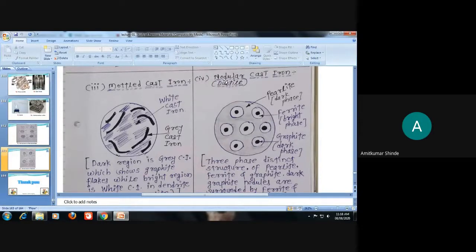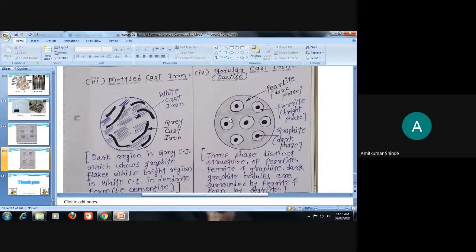Then the last microstructure is nodular cast iron, or ductile cast iron. Here the graphite is present in the form of spherical nodules. The dark round center is the graphite. Carbon is present in the form of graphite in a nodular or spherical shape.